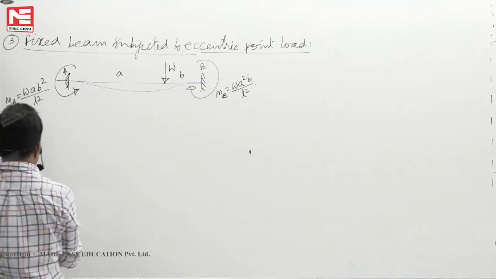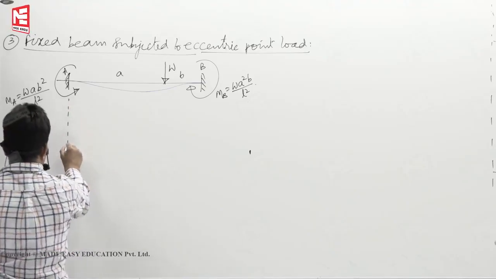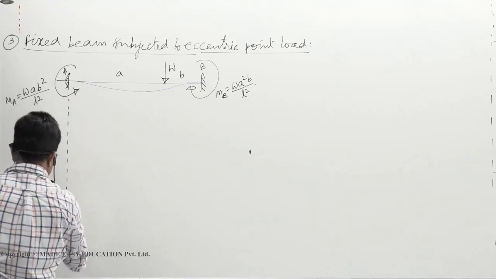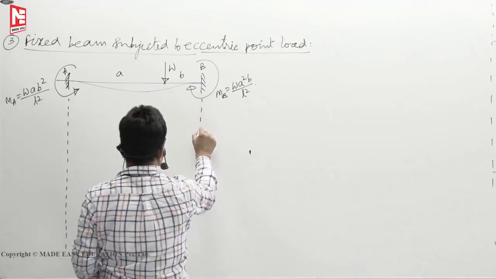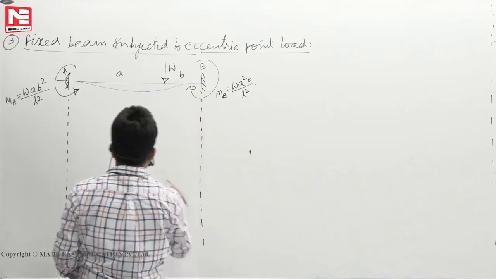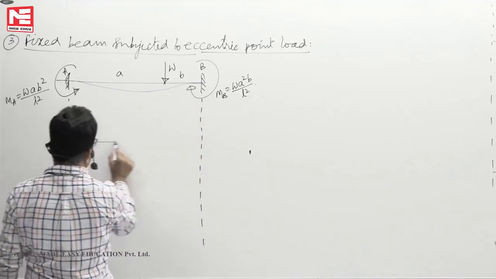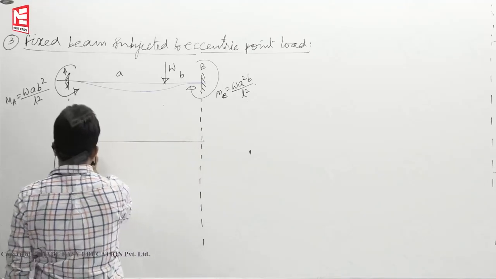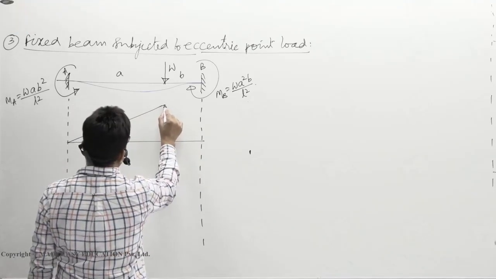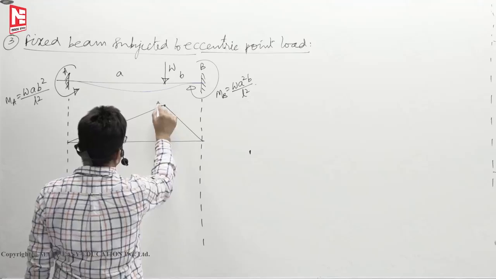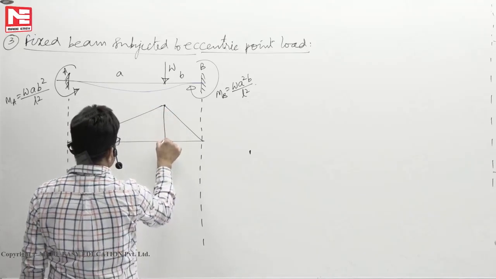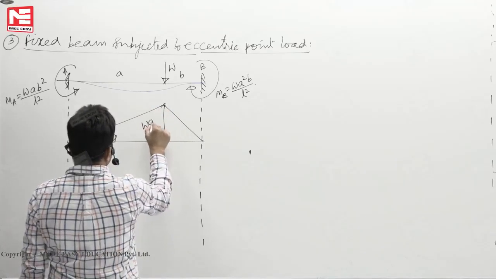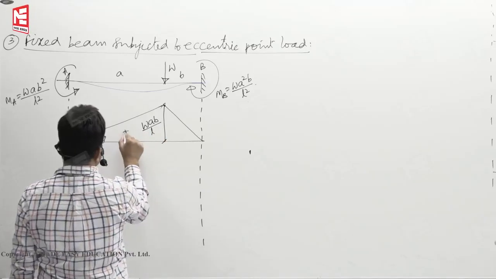Now, same analysis if you make it. Free bending moment diagram if you draw, the bending moment is maximum under the point load. This value is WAB by L. This is positive.